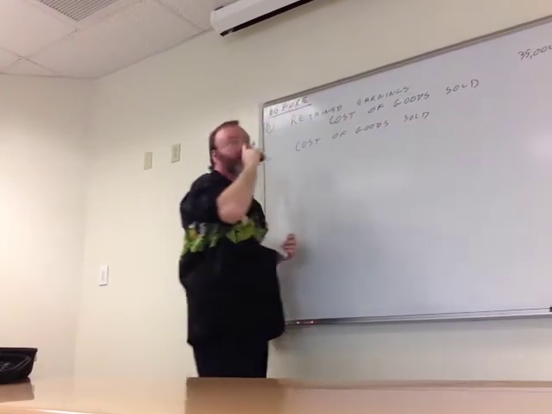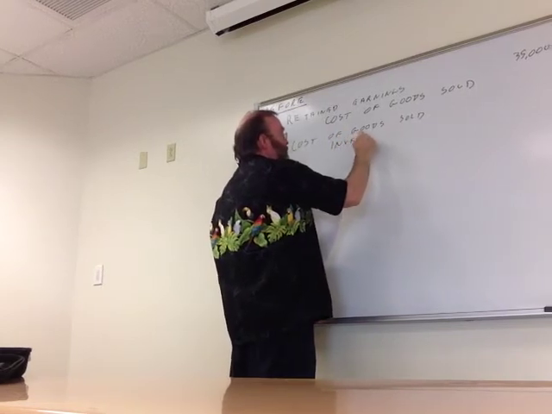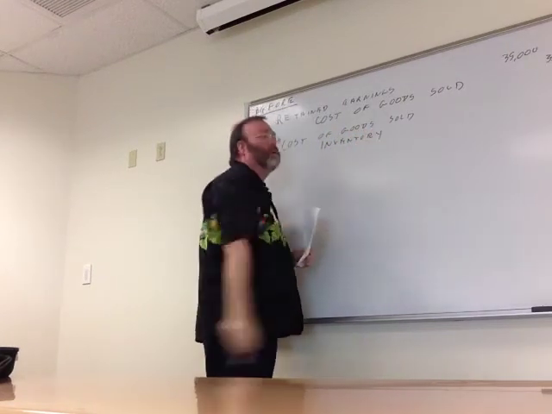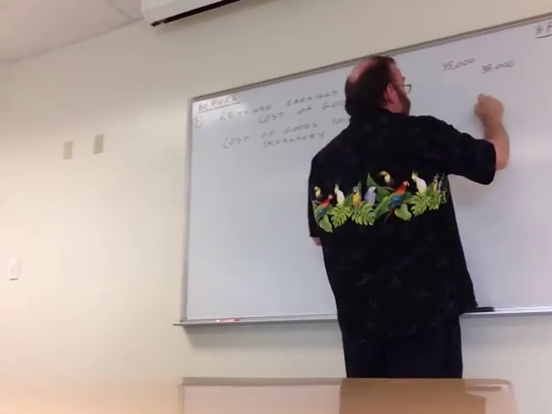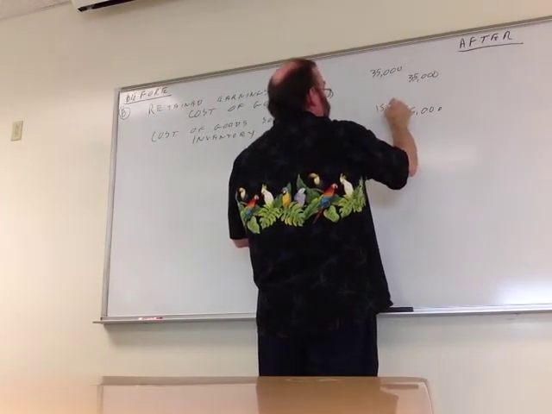A $15,000 overstatement in inventory means you need to reduce inventory to get it back to the correct amount.